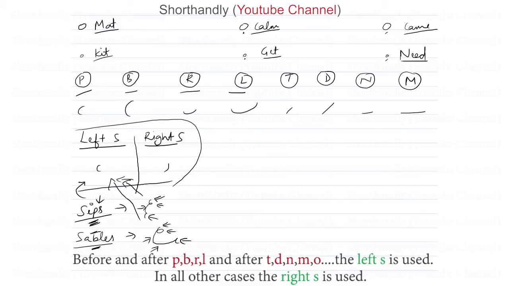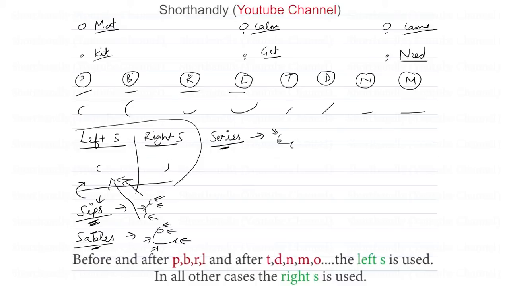Alright, so let's take another example, a word called series. Now we have this R character, and in the statement also we have the R character. So here also we're going to be making the left S in this word. So let's make this word.